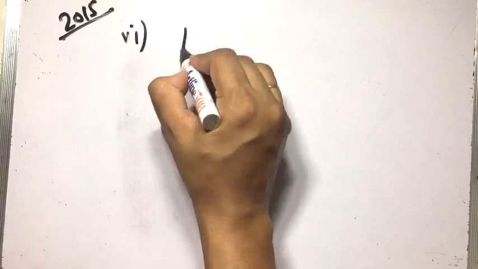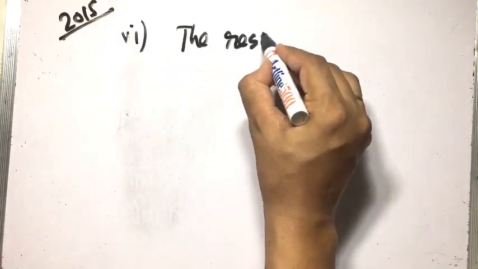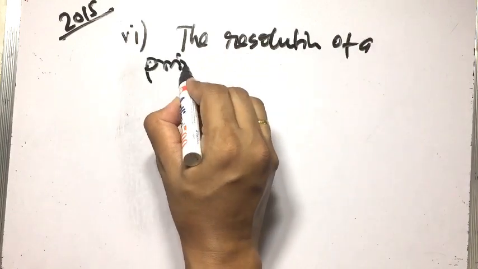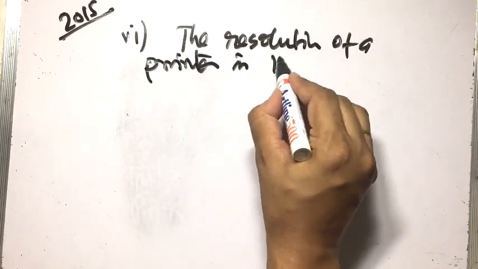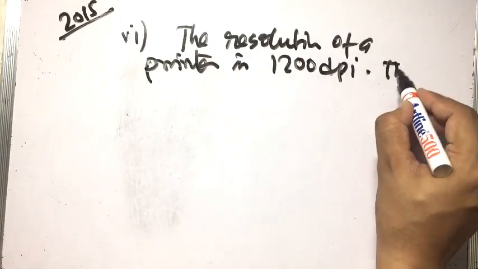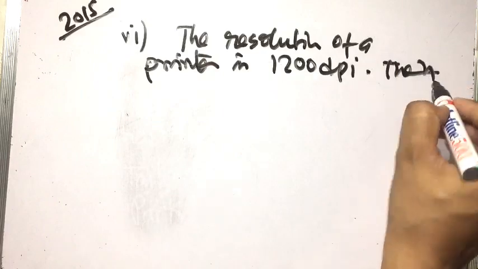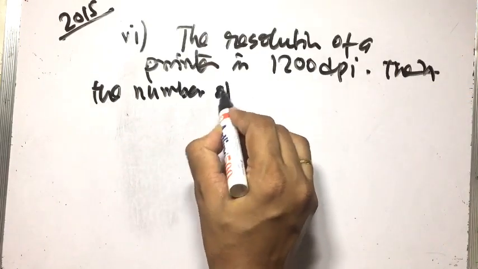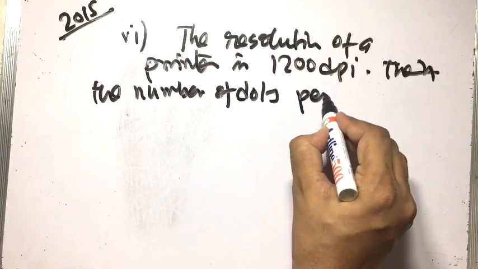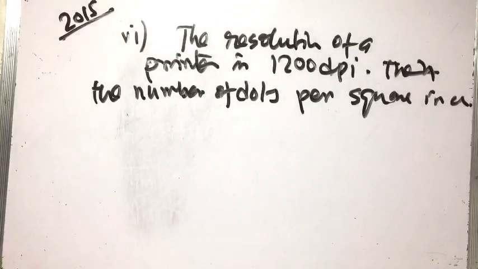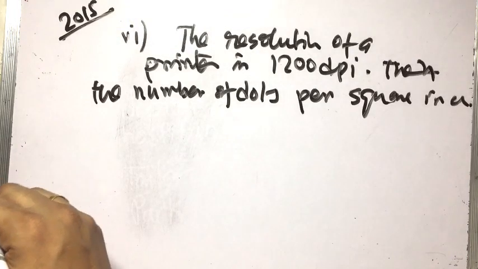Question number 6. The resolution of a printer is 1200 dpi, dots per inch.